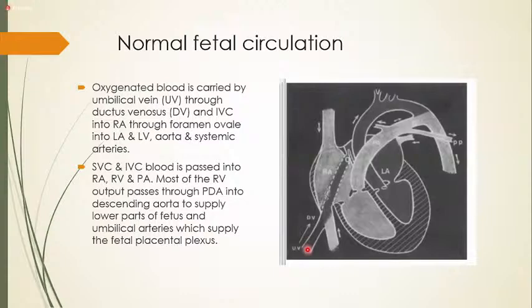And that blood is directed through the right atrium, goes through the foramen ovale into the left atrium. Then from the left atrium, it goes into the left ventricle. From the left ventricle, it goes into the aorta, and therefore part of the body gets that oxygenated blood.